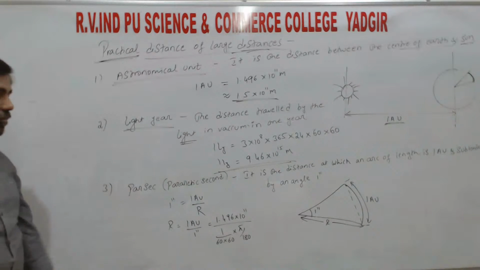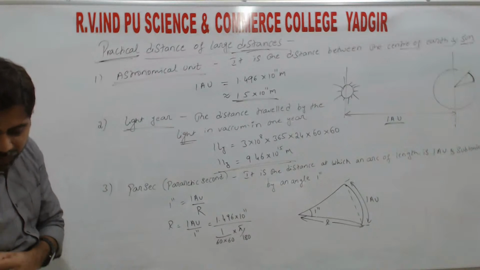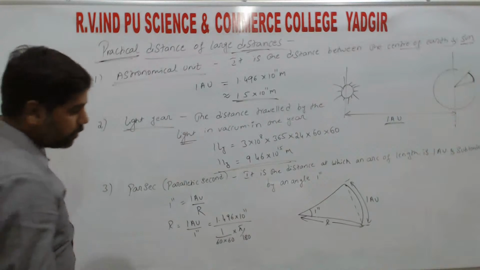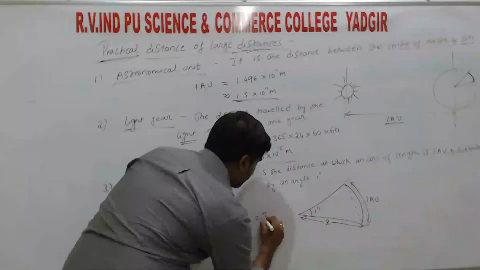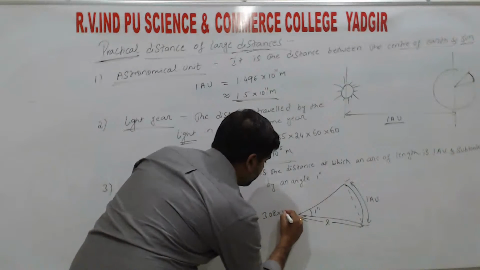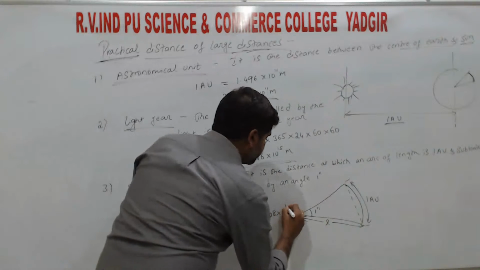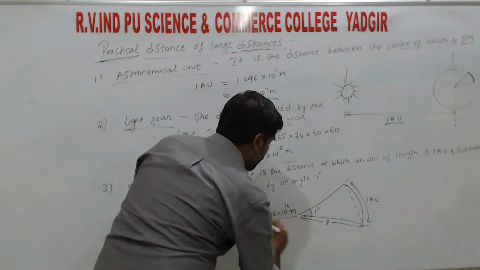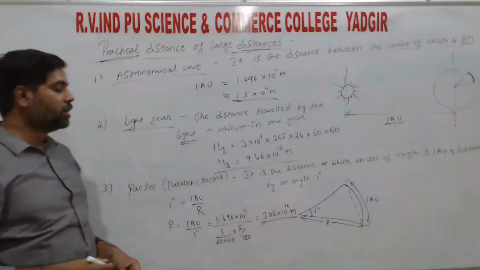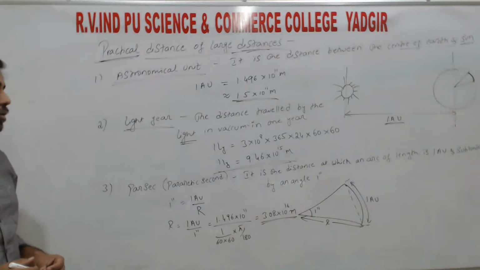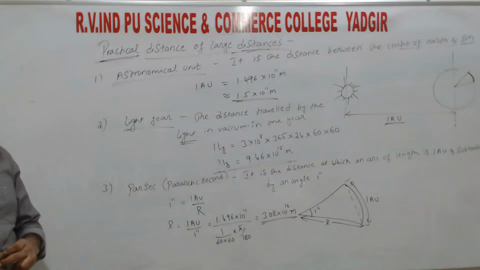So when we simplify this we get the value 3.08 into 10 to the power of 16 meter. So the value of 1 parsec is 3.08 into 10 to the power of 16 meters.